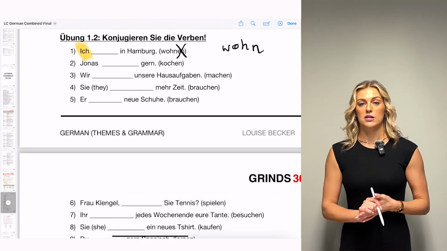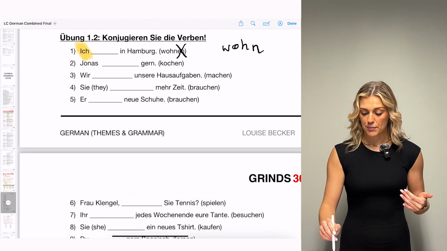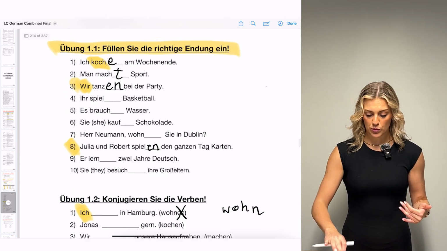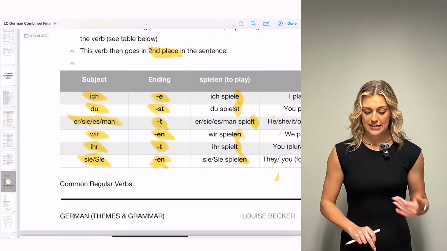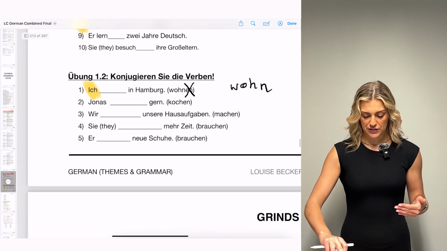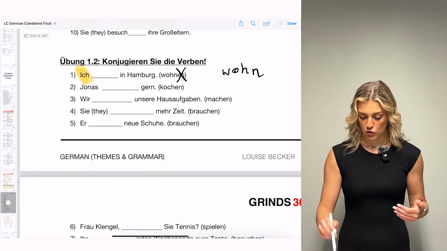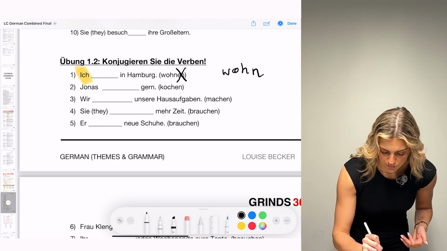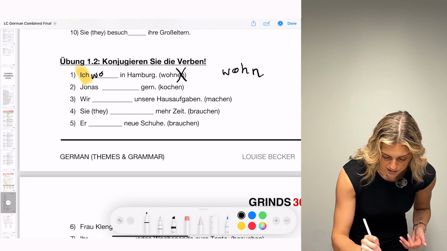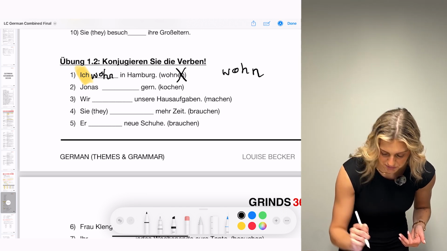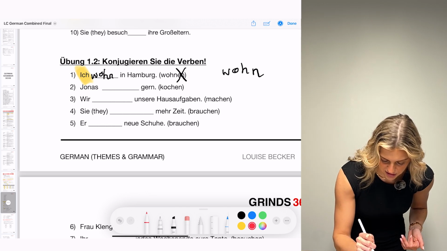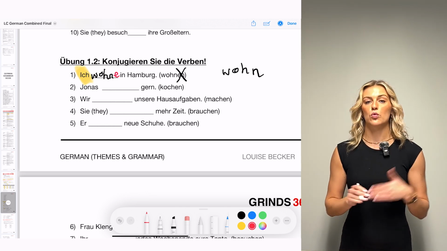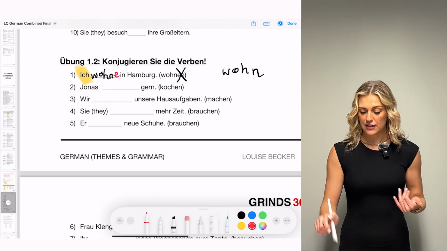I live. So my ending for ich, if you can remember, is e. So if you go up to our notes here, my ending is e. All right, so I will then add on e to the end of wohn. So I end up with ich wohne in Hamburg. Hopefully I can write this clearly for you. Kind of clearly, not the best, not the worst. Ich wohne in Hamburg. I live in Hamburg.